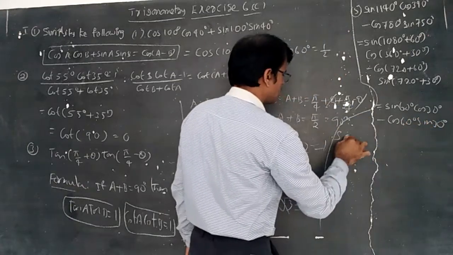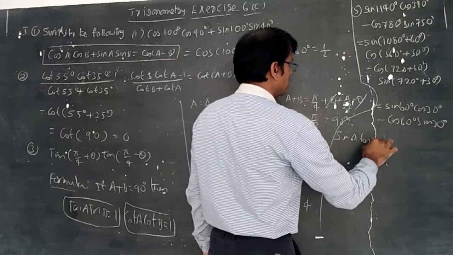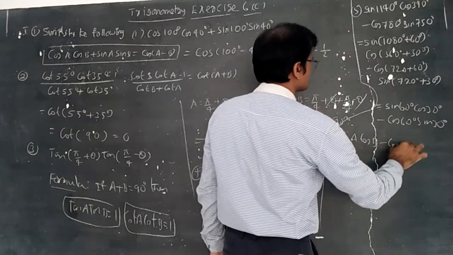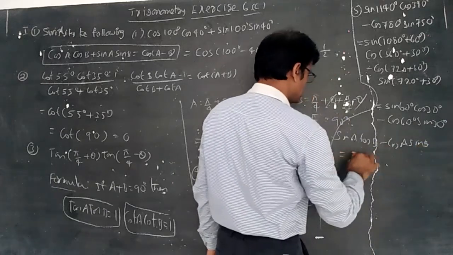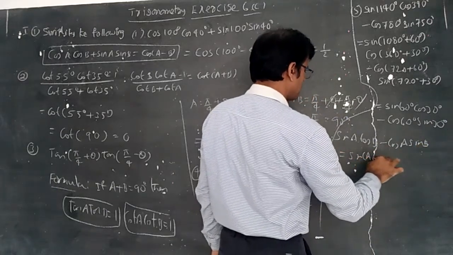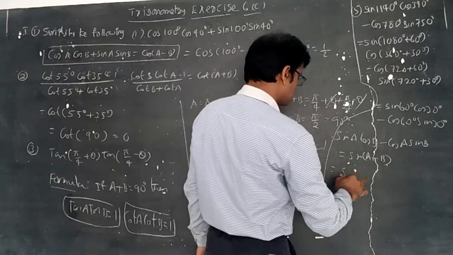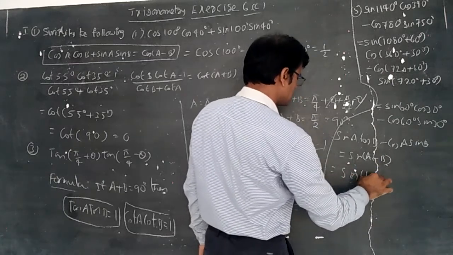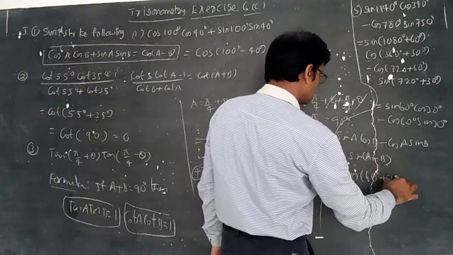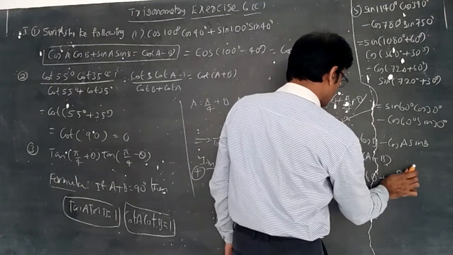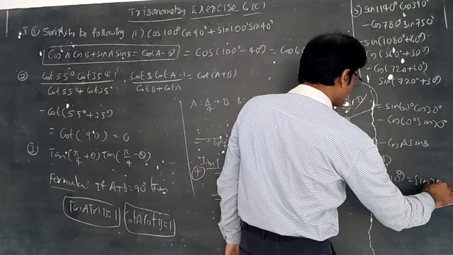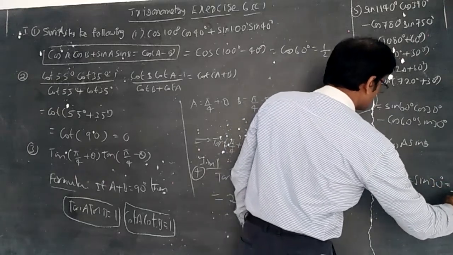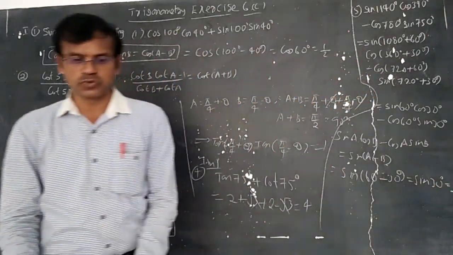Remember the formula, sin A cos B minus cos A sin B, the formula for sin of A minus B. So that is equal to sin of 60 degrees minus 30 degrees. So it is sin 30 degrees. Sin 30 degrees value is 1 by 2.